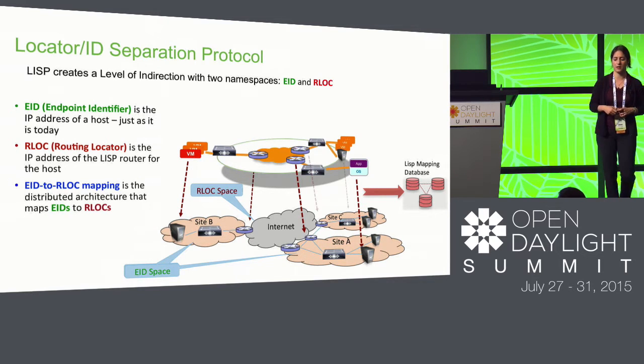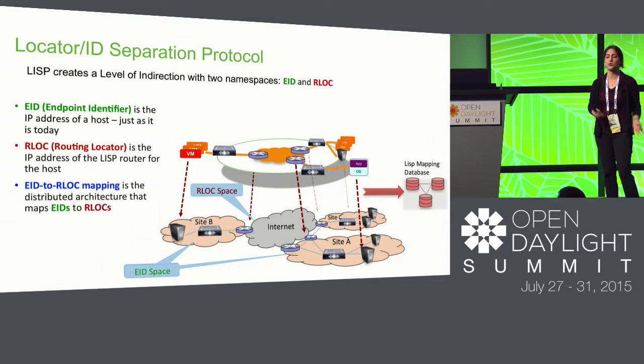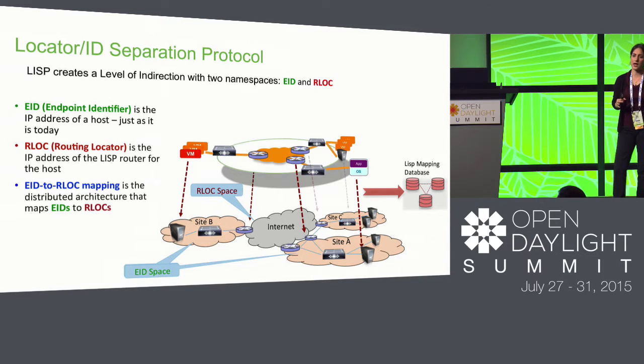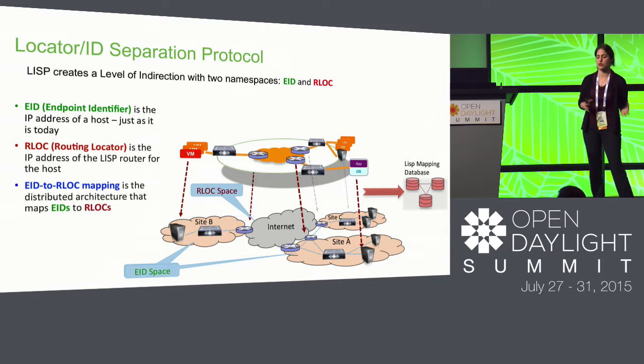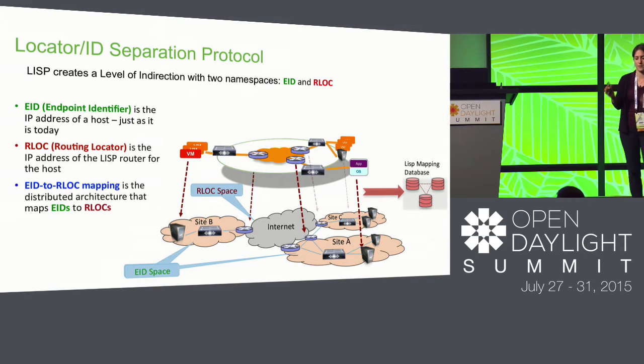And then the mechanism for doing the lookup and then encapsulating the packets from the identity space inside headers of the routing space to forward the packet over the underlay network.